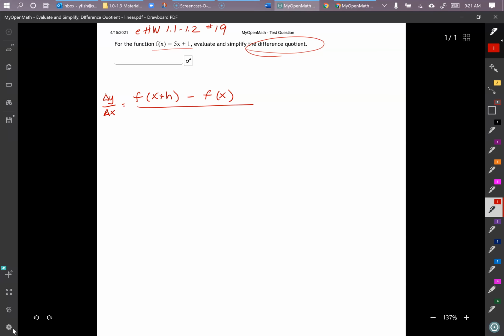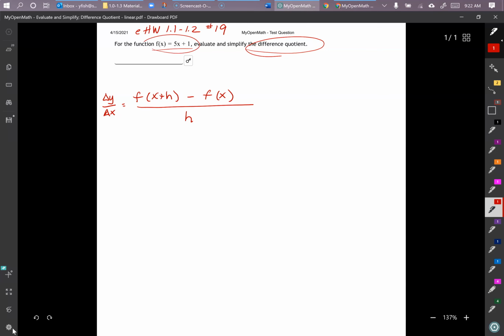So the change in x on this, my second x is x plus h, as dictated here by my input, minus x, and then the x's actually cancel. So I'm just going to write h under there. You can see the previous video that goes over that as well in more detail.